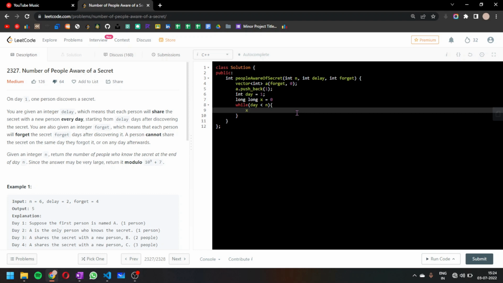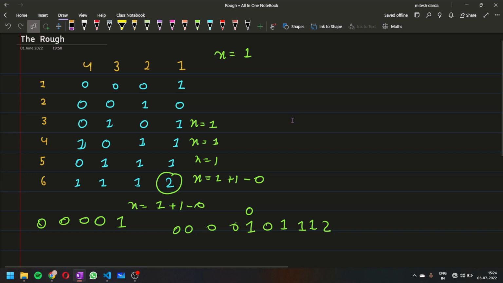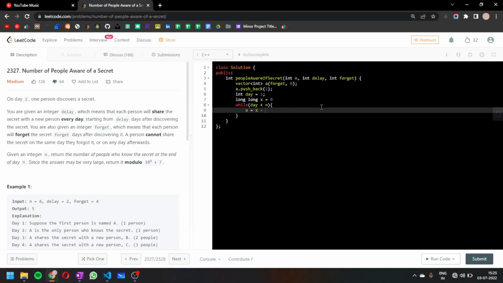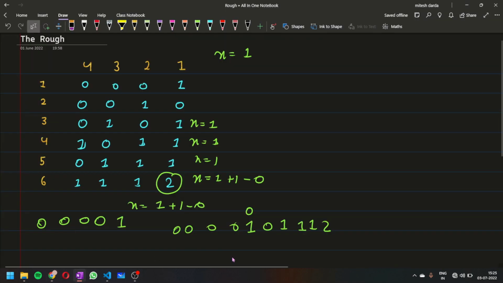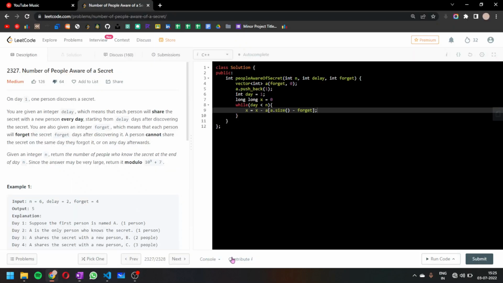Initially, before pushing back, we are going to say that x equals x minus a of a dot size minus forget, minus forget. So whatever the size is, let's say we are here, it is going to subtract this element at first, then we are going to add this element.